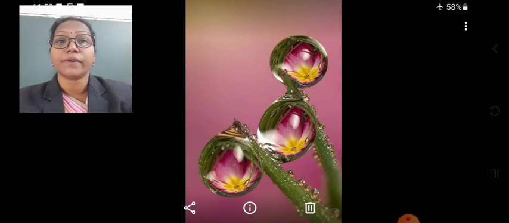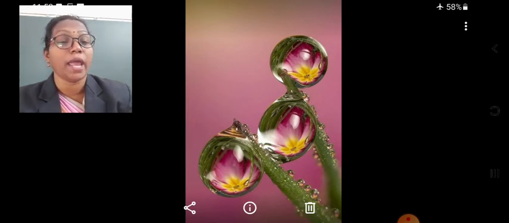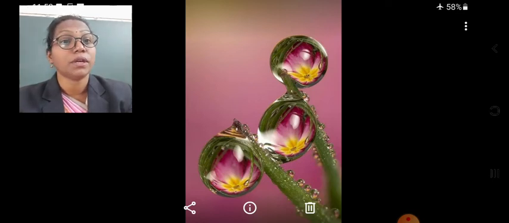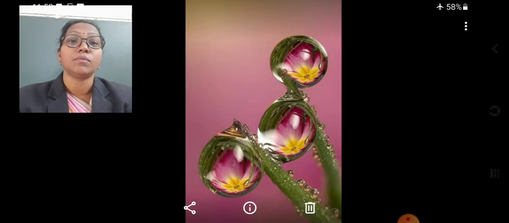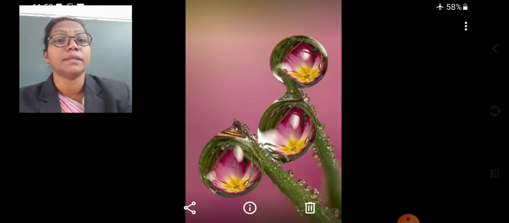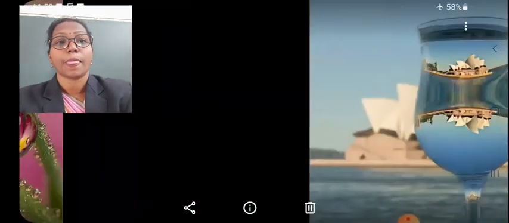The light rays from the flower travel through air. They enter the surface of the water, which appears like a convex lens, and refraction occurs and a small image is formed in the drops.